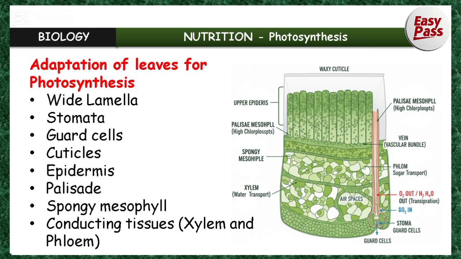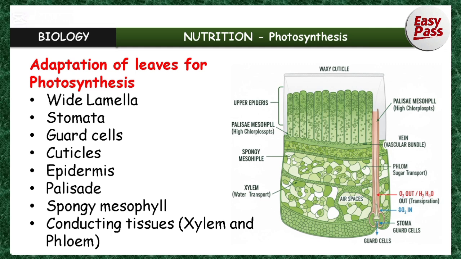Aside from the fact that the guard cells could open and close when turgid and not turgid respectively, they can also carry out photosynthesis since they have enough chloroplasts in them.